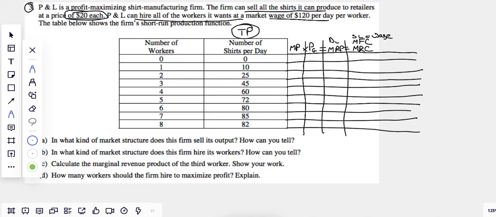So let's just fill it in. We can see marginal product is the change in total product here. So we got 10, 15, 20, 15 again, 12, 8, 5, and -3. The price of the good is the same for every unit, so it's 20 bucks all the way down.